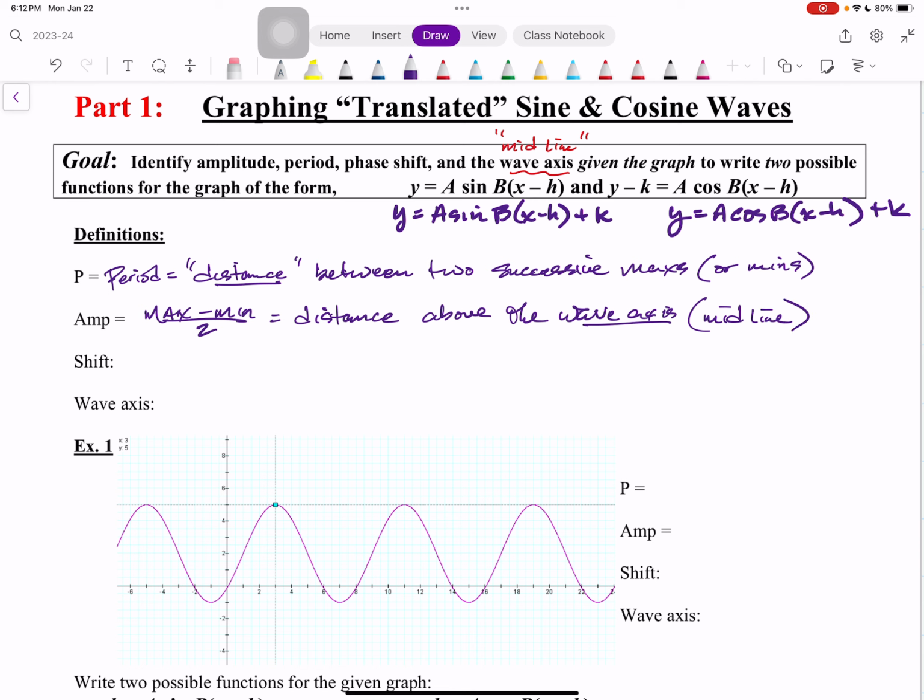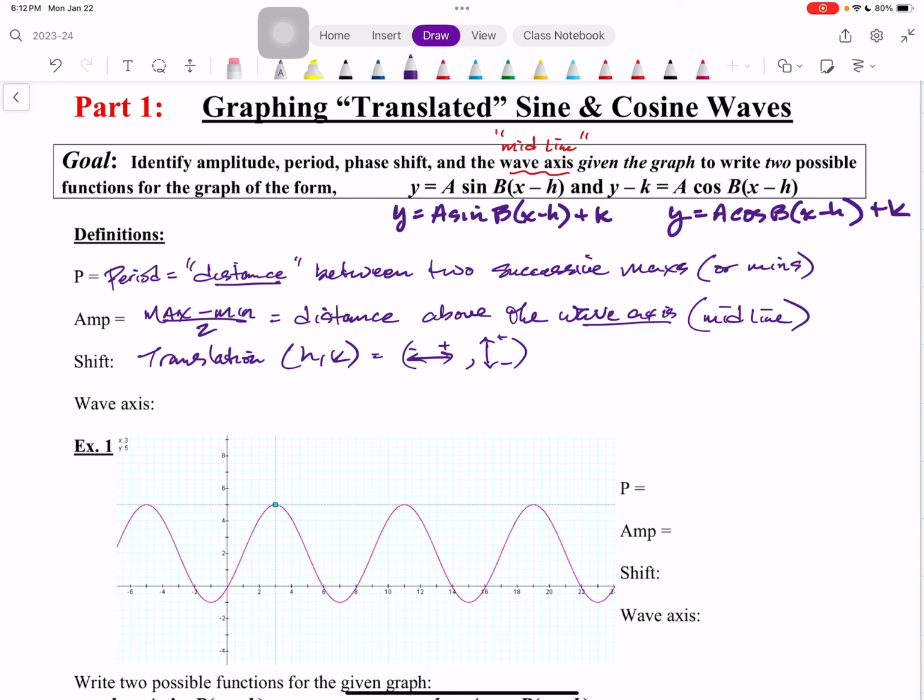Your shift is a translation. So your shift or translation, same word here, is h comma k. It tells you basically how far you go left or right, whether it's negative or positive, and then how far you go up or down. So it's a horizontal shift and then a vertical shift. h is your horizontal shift and k is your vertical shift.